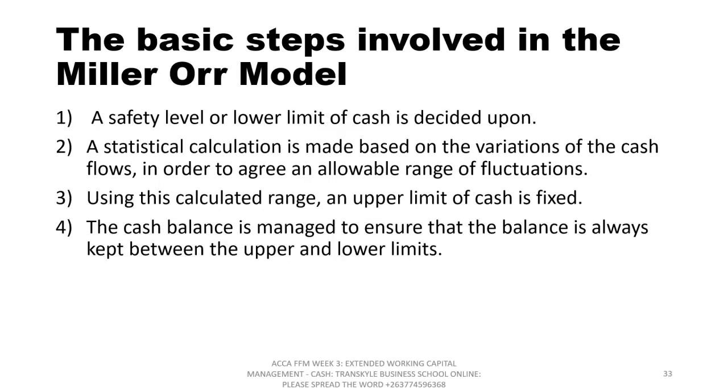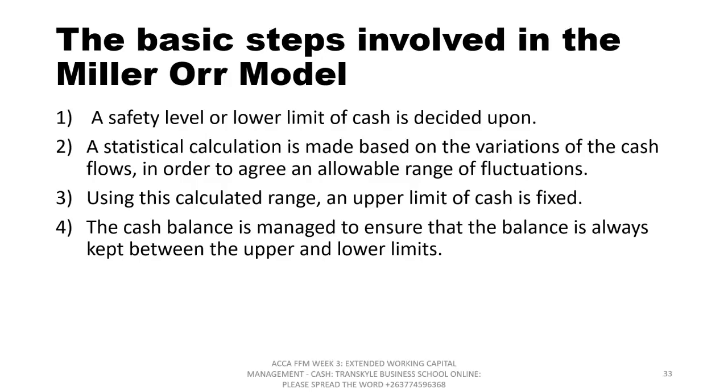The basic steps involved in the Miller-Orr model: a surface level or lower limit of cash is decided upon. A statistical calculation is made based on the variations of the cash flows in order to agree an allowable range of fluctuations.